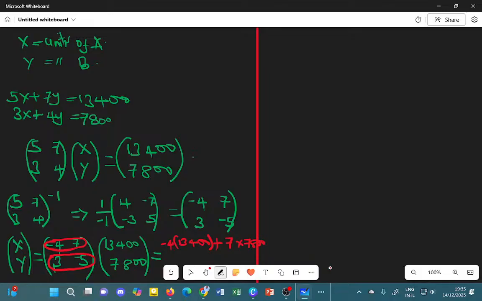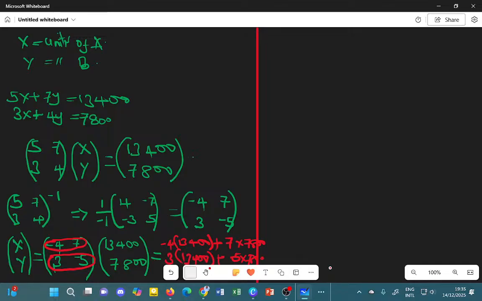Down here we have 3 times 13,400 plus minus 5 times 7,800.